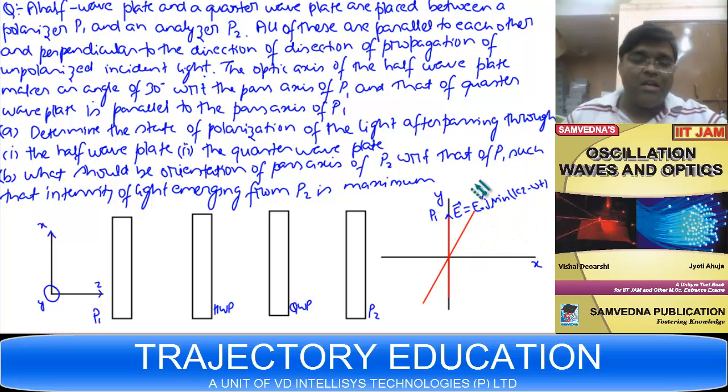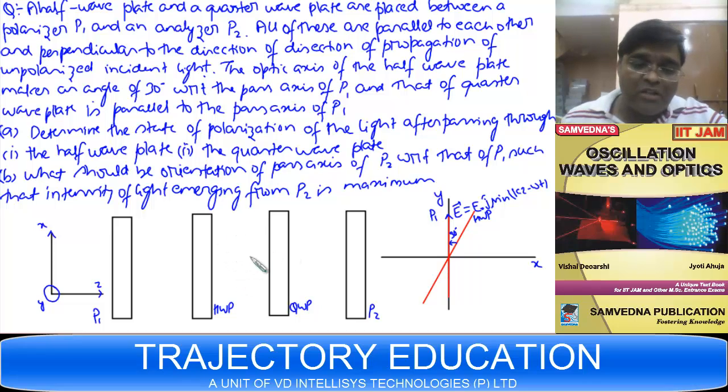Suppose this is your half wave plate. This is the optic axis of half wave plate. So with the optic axis of half wave plate, the field associated with the incident light makes an angle of 30 degree.